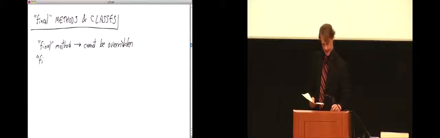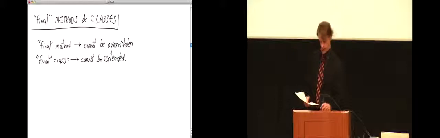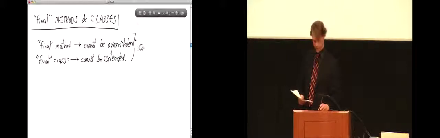And what is a final class? A final class is one that cannot be extended. You can't make subclasses. If you try to do either of these things, you will get a compile time error.